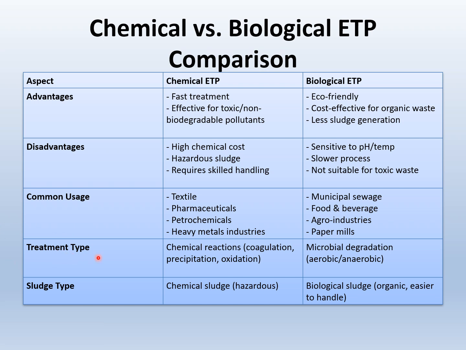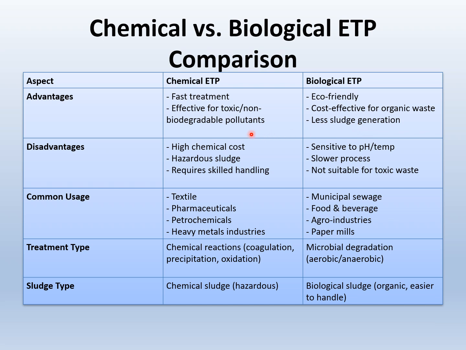Treatment type: for the chemical ETP, reactions are coagulation, precipitation, and oxidation. Biological is microbial degradation, aerobic and anaerobic. Sludge type: chemical sludge is hazardous; biological sludge is organic and easy to handle. So it depends on the requirement, but if you go by cost, biological is cheaper because you don't need to buy chemicals.